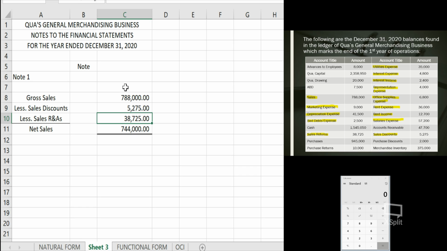Okay? A well-prepared financial statement, guys, would be able to answer every possible question. Okay? Lahat ng possible na itanong ng mga nagbabasa ng FS, mas maganda if masasagot siya mismo nung FS using the given information. And the notes to the financial statements aids in helping answer those potential questions from the users. Okay? So, very important itong notes to the FS. Okay.